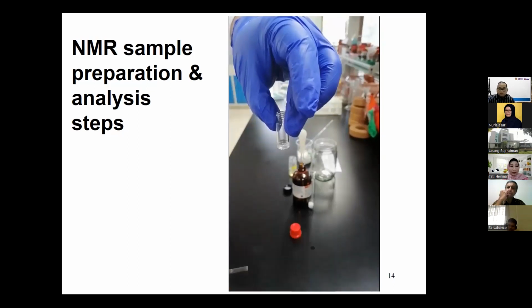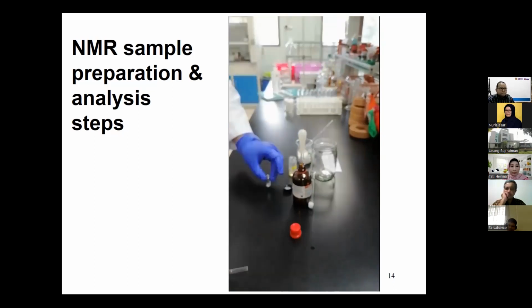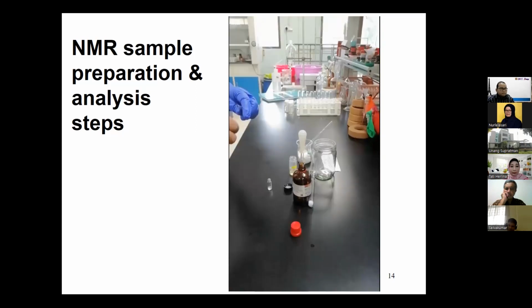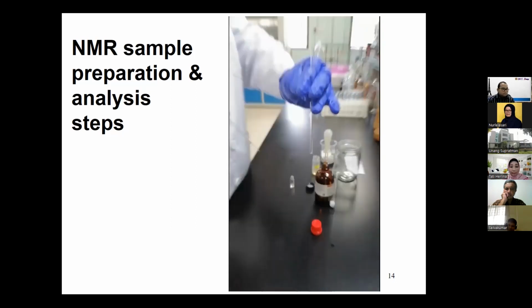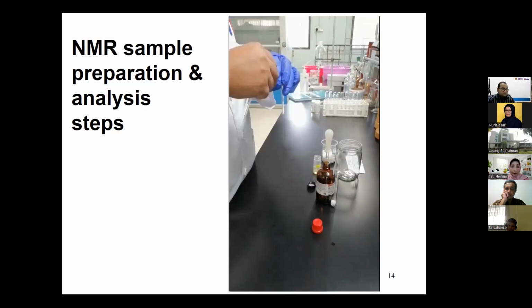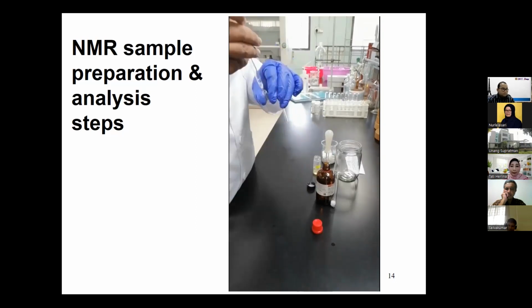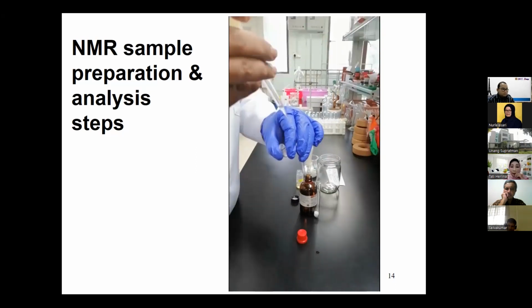After that, we have to transfer it to the NMR tube. Here we have a 5 mm NMR tube, and we transfer all the sample that we have in the small vial.